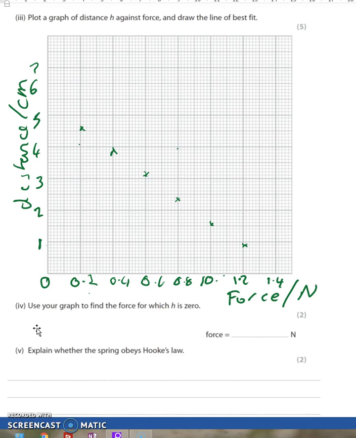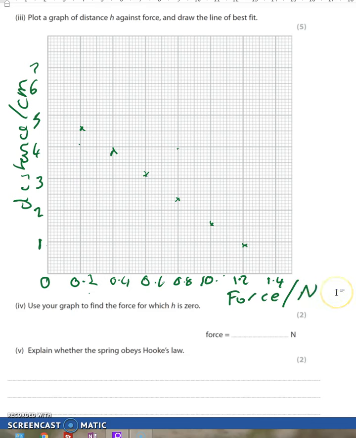So the first mark was for choosing and numbering your scales correctly. If you put your masses down here instead of forces, you lost this mark. Now, the next mark was for putting your quantities and your units. And I'm glad to say I didn't often penalise people for forgetting units, so thank you very much for remembering units.